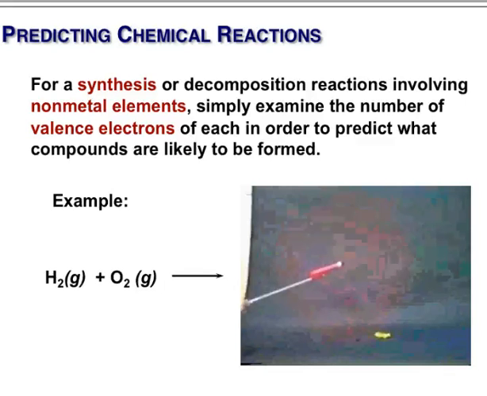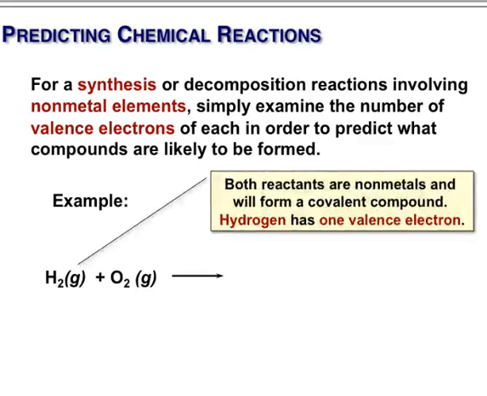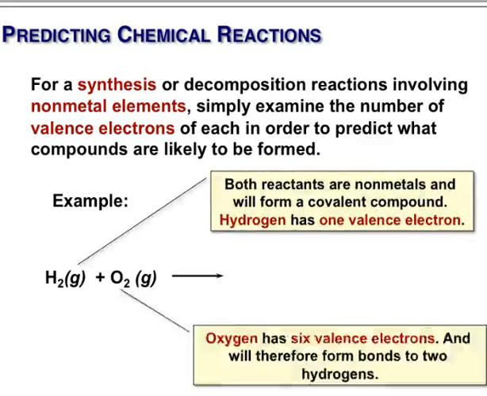Typically, this will be 2 covalent bonds. Hydrogen, group 1, has 1 valence electron. It will form 1 covalent bond. So once again, our best guess as to what's happening here is we're simply making water.